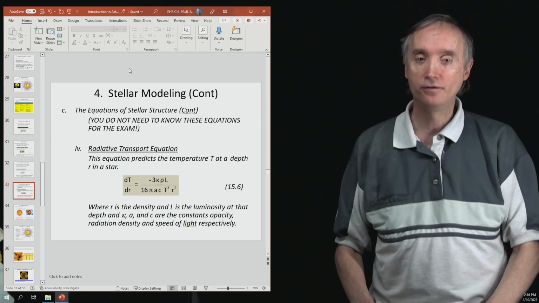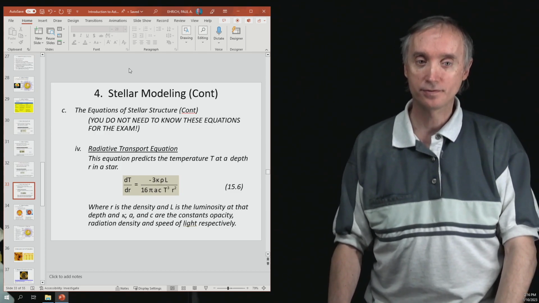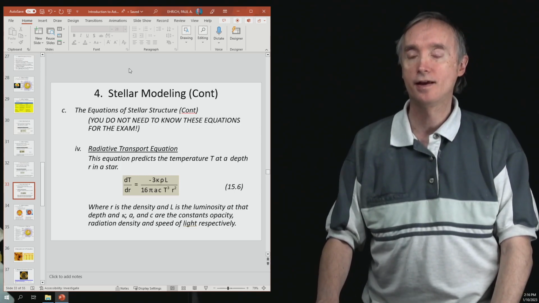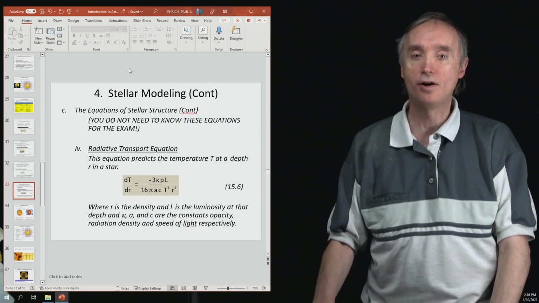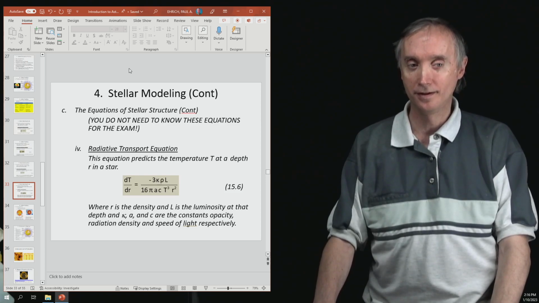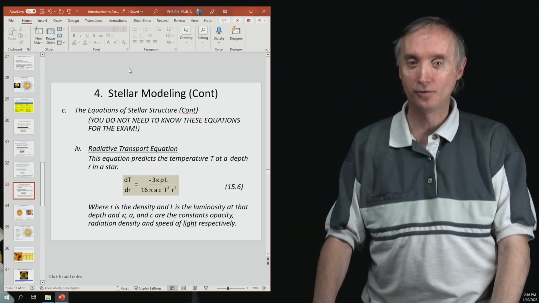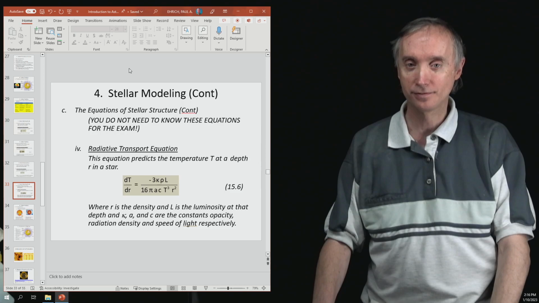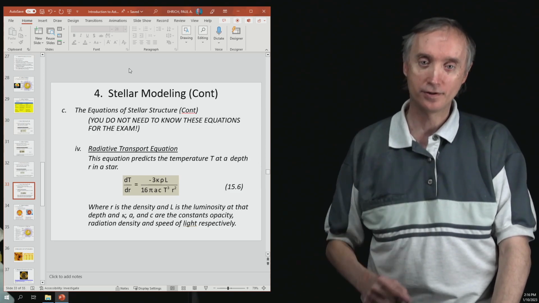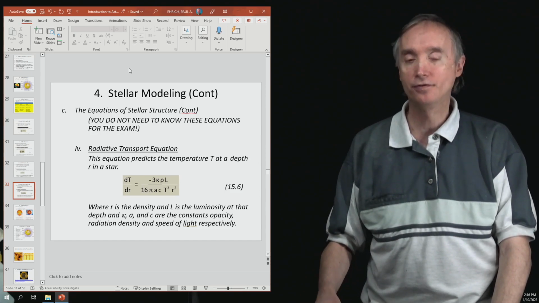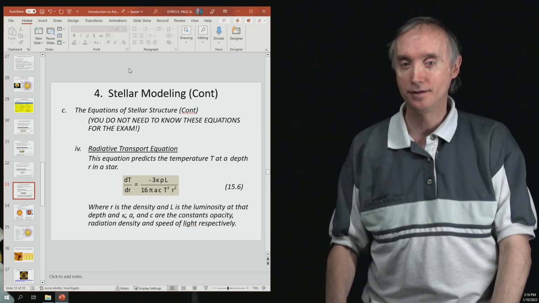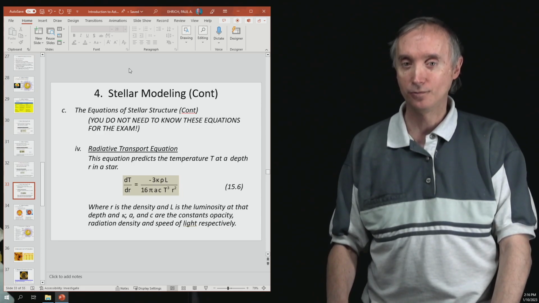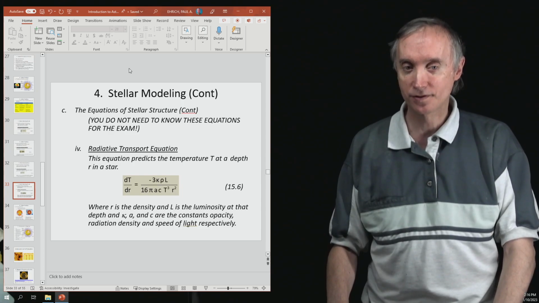So these are 4 equations written in terms of calculus, and you have to solve all 4 of them at the same time. 4 equations and 4 unknowns. Because take a look at this equation. In order to figure out the temperature inside the sun, you've got to know the luminosity of the sun.